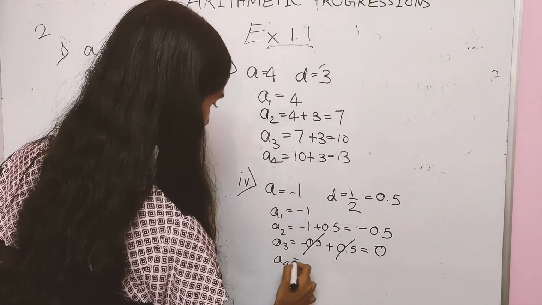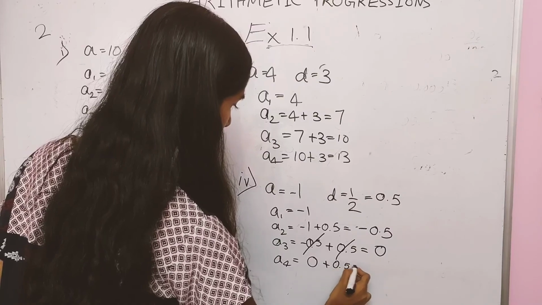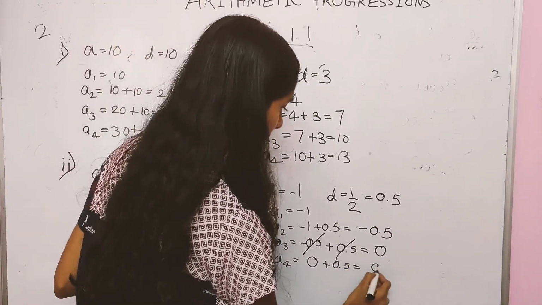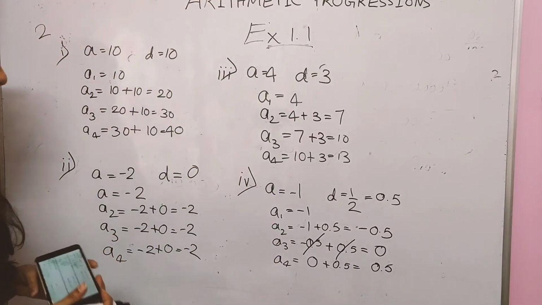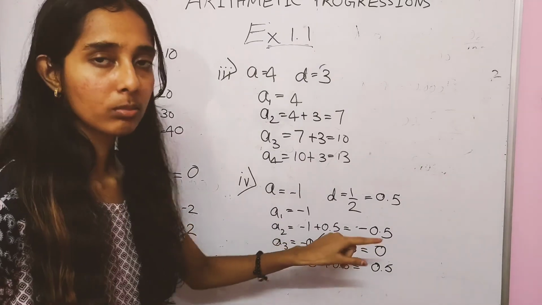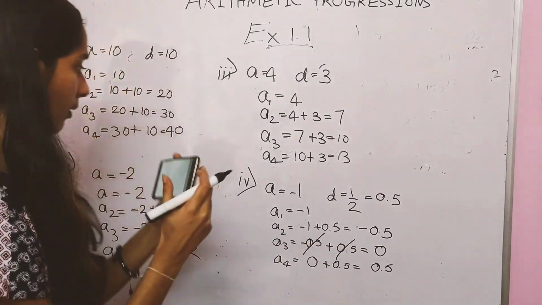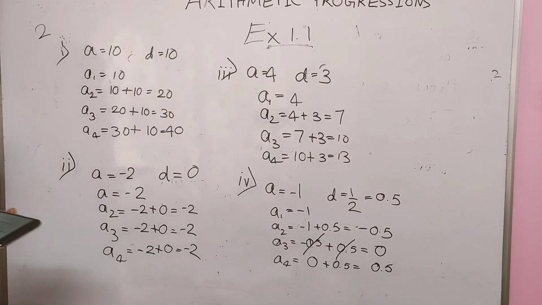Fourth term is third term plus 0.5 common difference, you get 0.5. So the four terms are -1, -0.5, 0, 0.5. Just have a look at it for a second, then I will erase.